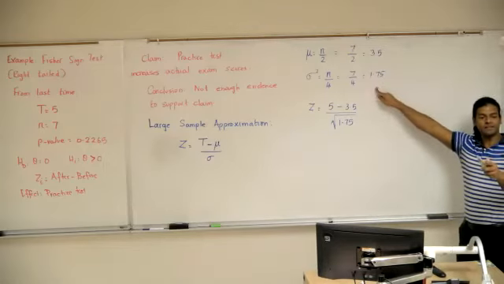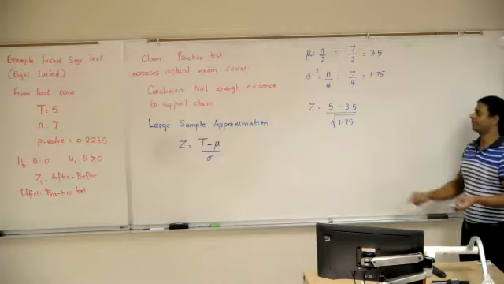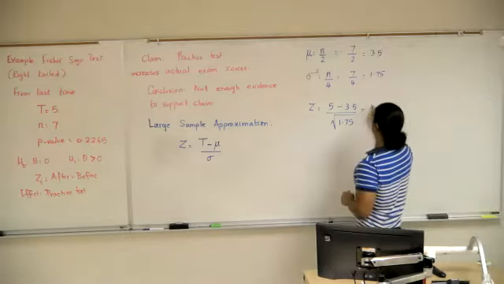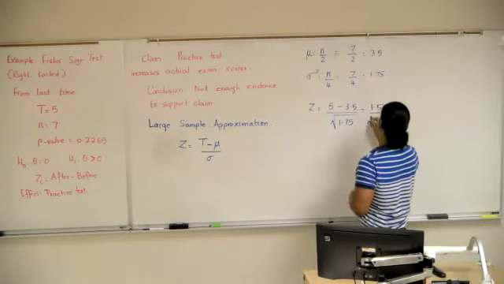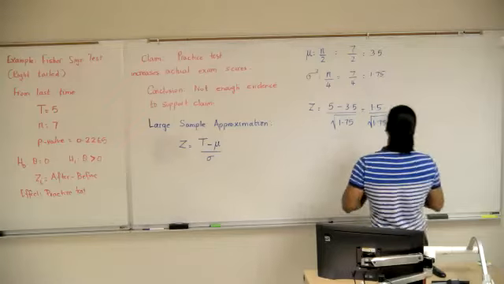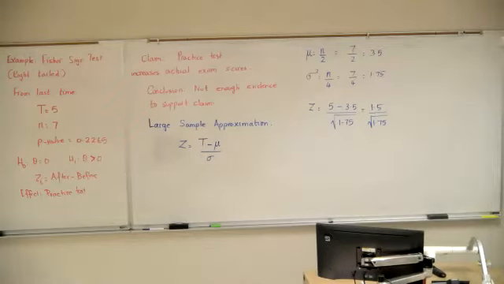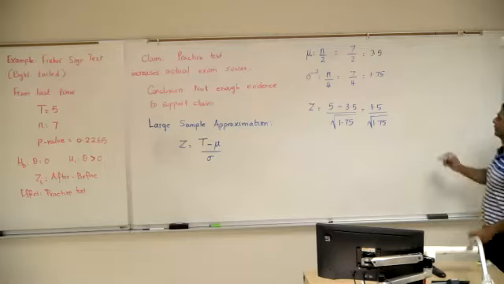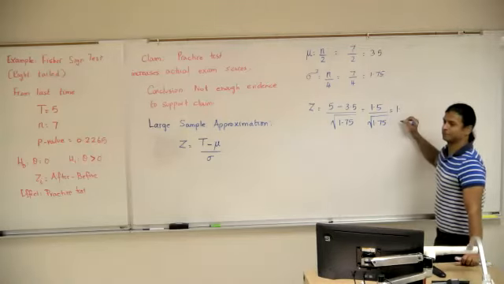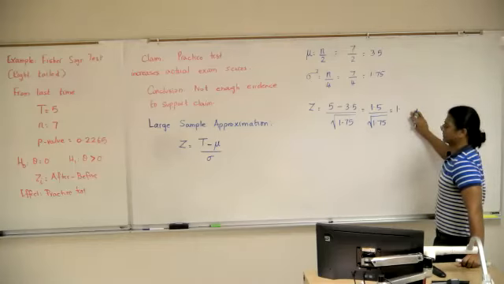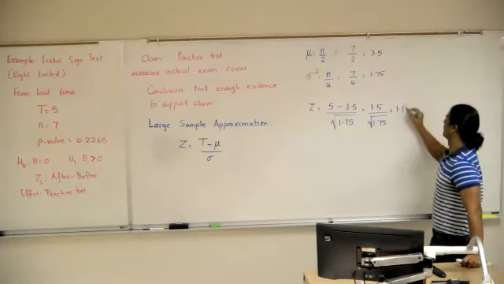To find the standard deviation, we have to take the square root of variance. 1.5 divided by square root of 1.75. So what do we get? 1.13. Okay, 1.13.